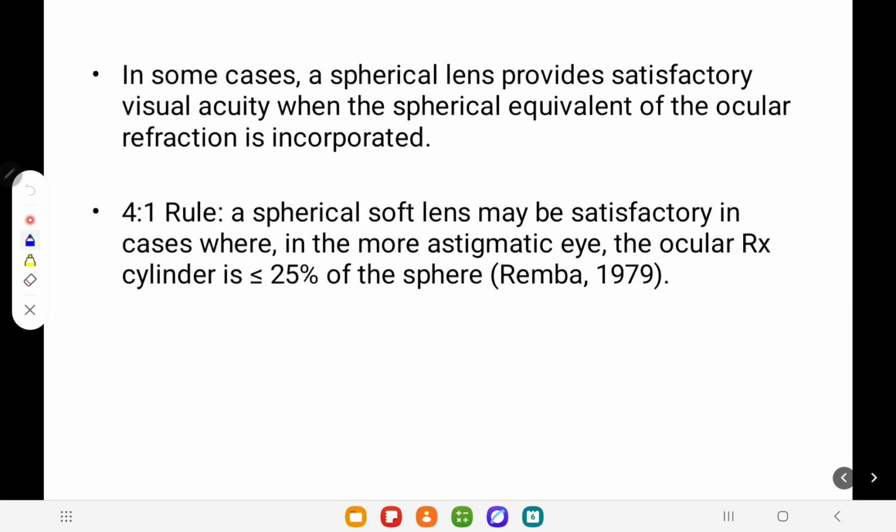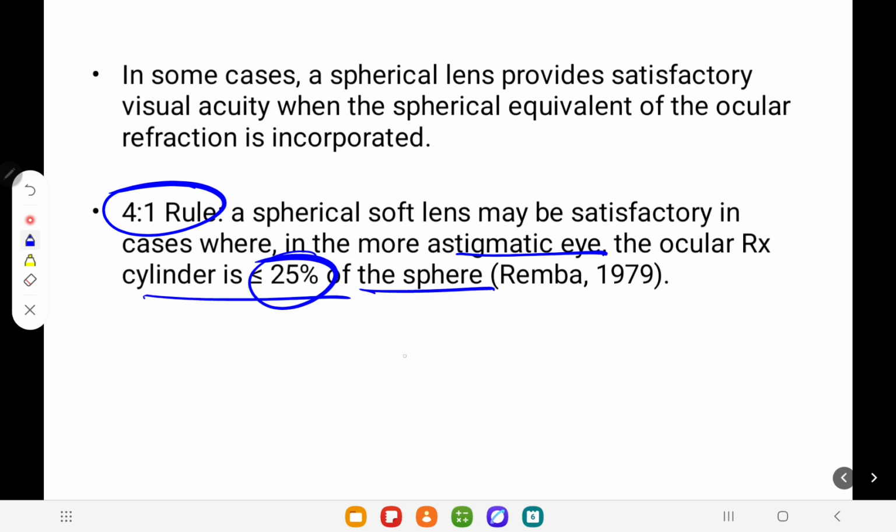In some cases, a spherical lens provides satisfactory visual acuity when the spherical equivalent of ocular refraction is incorporated. Definitely, especially in soft contact lens, if there is this 4 to 1 rule. Spherical soft contact lens may be satisfactory where astigmatism is very small, or cylinder is approximately 25% of the sphere.